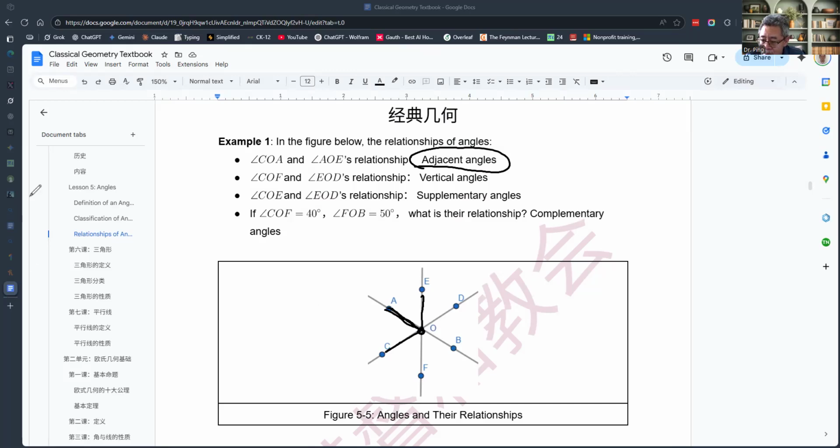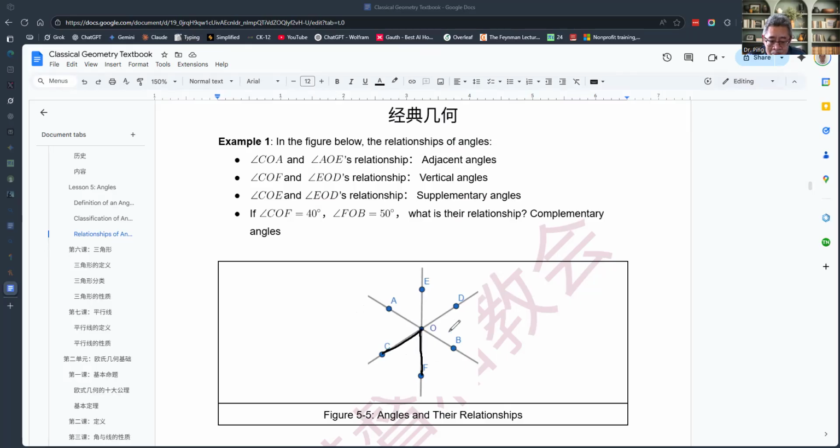Now, what is COF? COF, C here, let me clear that. C here, COF, this angle.